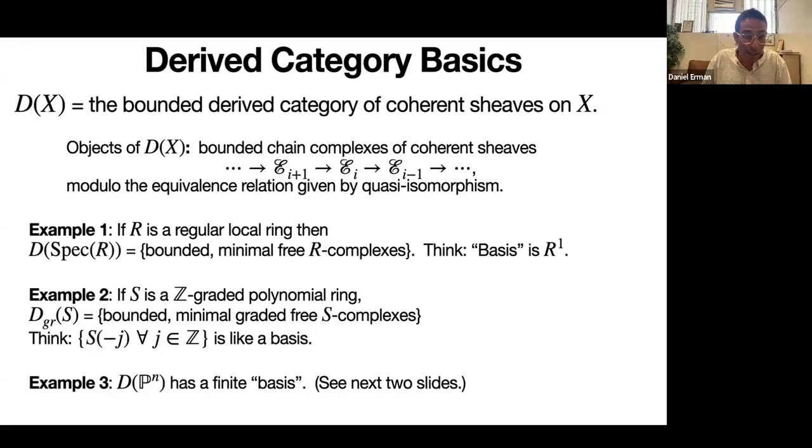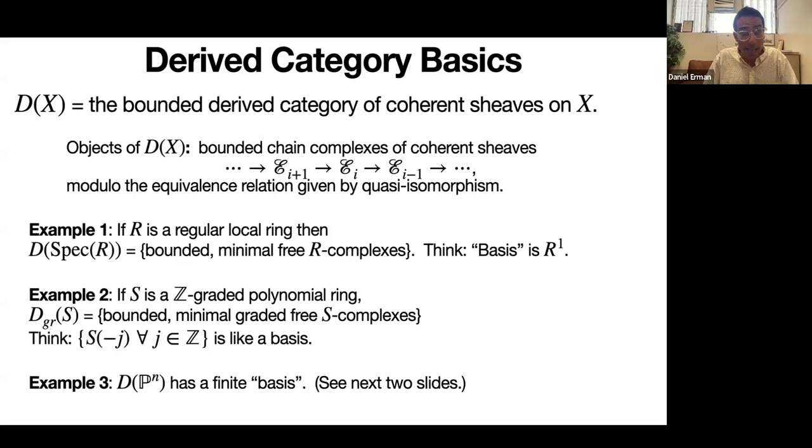If I look at a Z-graded polynomial ring, the same sort of thing is true, except here, to generate all your free complexes, you need the twists of the polynomial ring. But those are like a basis. So if you're studying the derived category of graded S modules, you're essentially equating a module with its graded minimal free resolution.